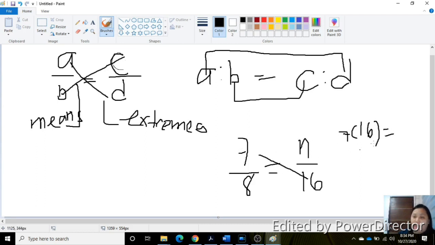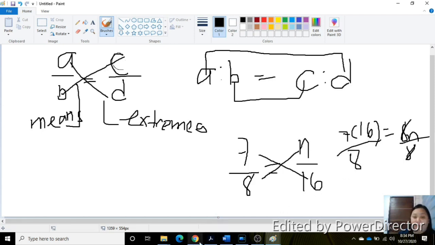So, 7 times 16 equals, tapos times mo to, 8n. Okay. So, you divide by 8 para ma-cancel yan. Then, you divide by 8. So, computein mo, 7 times 16, ilan?